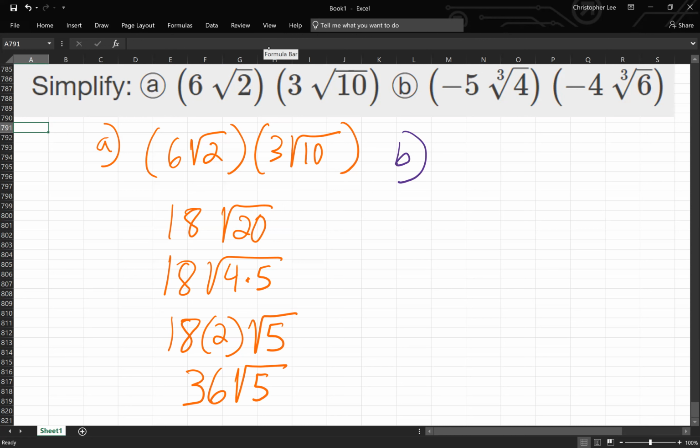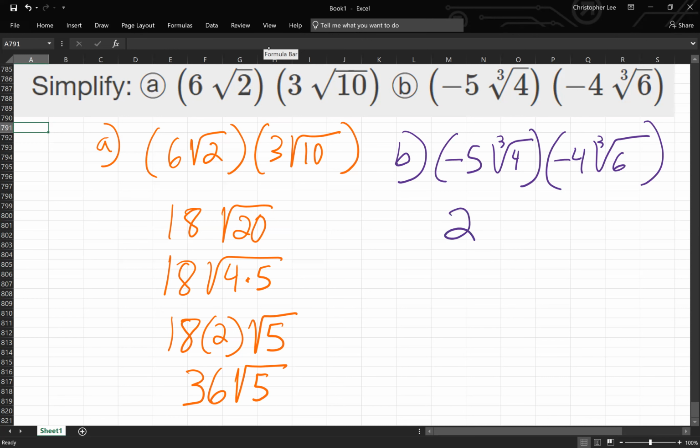So I have -5 cube root of 4 times -4 cube root of 6. Numbers with numbers, radicands with radicands. They both have the same index, right? So -5 times -4 is what? 20, very good.